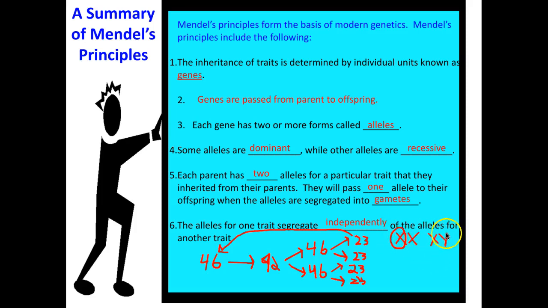So female, male, if the other parent gives a Y, and the offspring, can't draw today, is, let me fix this, would be male. Okay? And so on and so forth. So I hope you understand this.